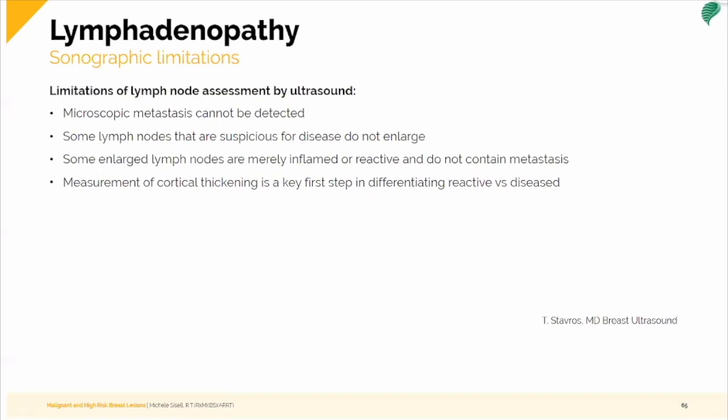Therefore, accurate measurements and correct display of the planes of the lymph nodes when imaging is very important. But key to determine whether we have a reactive node or a disease node is that cortical thickening measurement. So as long as it's 3 millimeters and over, then we are worried and it goes in that suspicious category for a biopsy or FNA.